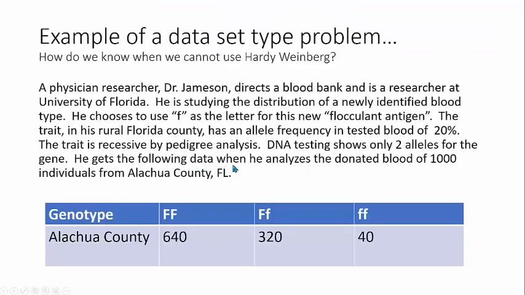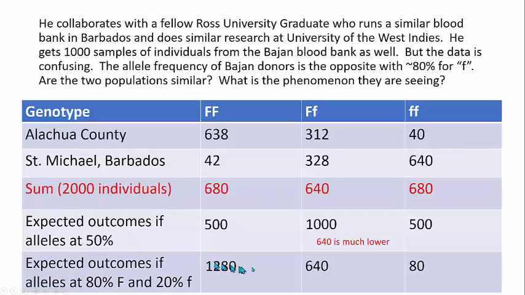Okay, the next major concept I needed to go over with you was the concept of not in equilibrium. When a population is not in equilibrium, we cannot use Hardy-Weinberg. And this is just an example of that phenomenon. We come out with something that still doesn't look anything like our population. It allows us to get the number that's in the middle for the heterozygotes, but no matter what numbers we try, we would never get all 3 numbers or anything close to them, which tells us this population is not in equilibrium.